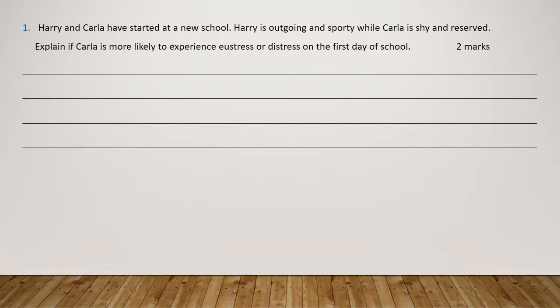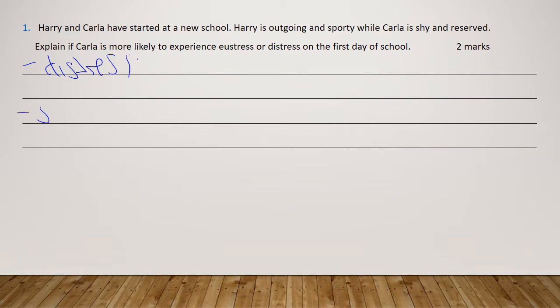Okay, let's have a go at this question. Harry and Carla have started at a new school. Harry is outgoing and sporty, while Carla is shy and reserved. Explain if Carla is more likely to experience eustress or distress on the first day of school. So this is a pretty easy one. Carla's probably going to experience distress.